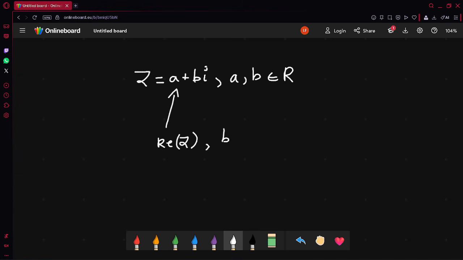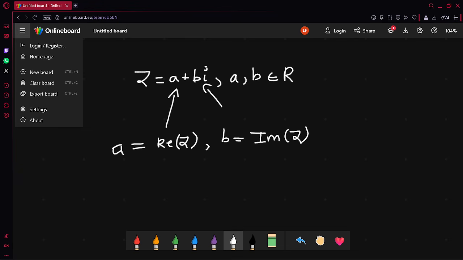And b is denoted by the imaginary part of z. And the reason for this is, you can see this is multiplying with i, which makes it an imaginary quantity. And a is a real number, so it's going to be the real part of z.